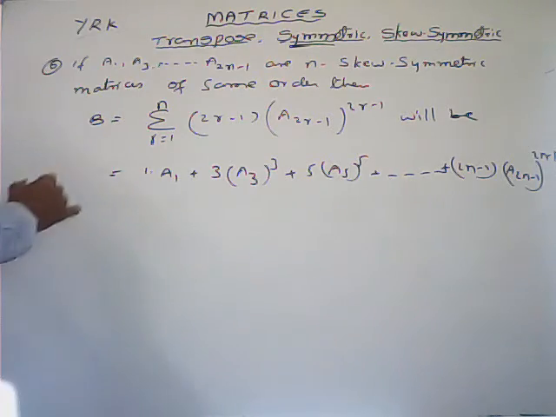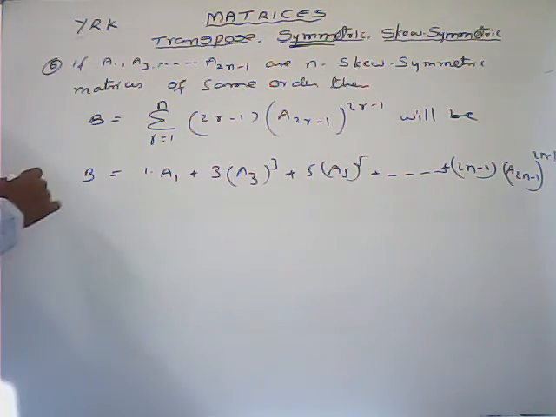Now, this is the B matrix. Here what they are asking, the options they given: first option is symmetric, second option is skew symmetric, third option neither symmetric nor skew symmetric, fourth option none of these.